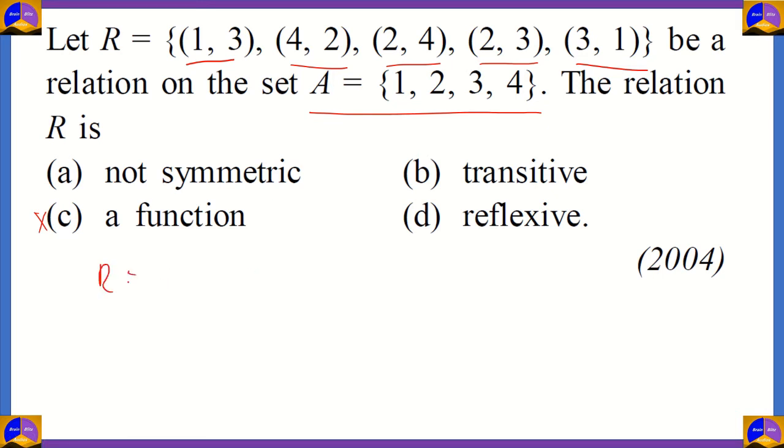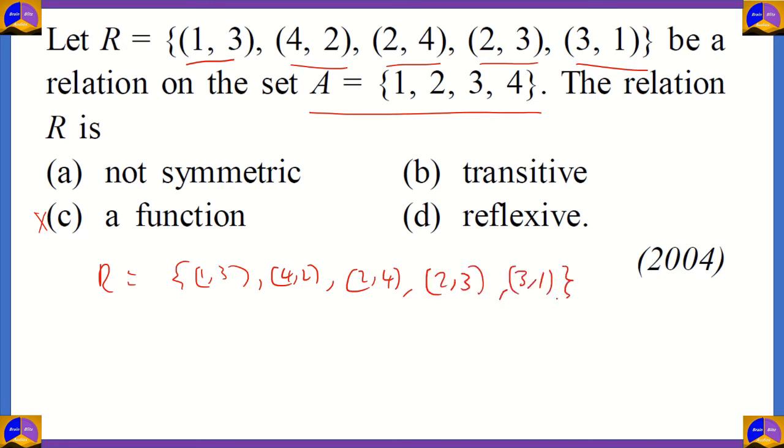So the relation R is given as (1, 3), (4, 2), (2, 4), (2, 3), (3, 1), and the set A is {1, 2, 3, 4}.